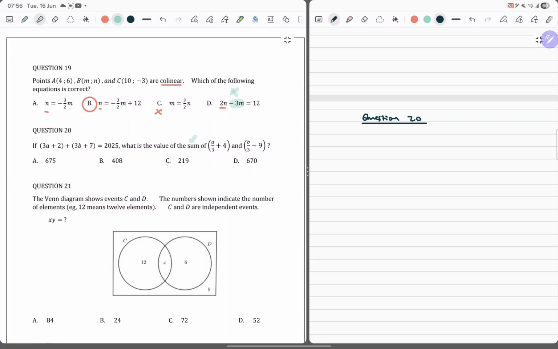Now this is a crazy question, is it not? It does look crazy to me. But we got skills, don't we? Part of me feels like we need to solve for a and b. If we can solve for a and b, I think we stand a chance. But this is going to be quite complex.